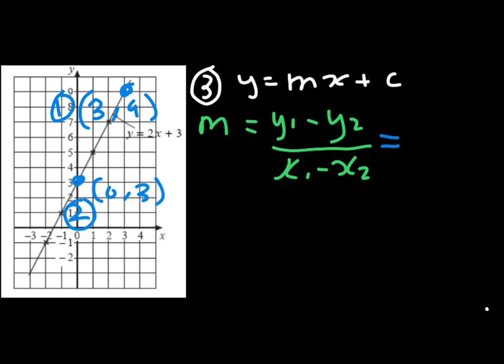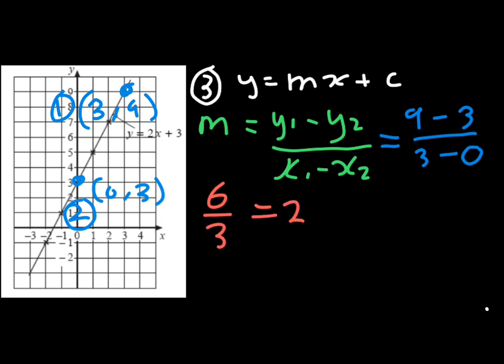Okay, so y1 would then be 9 minus y2, which is 3. This is over x1, which would be 3 minus 0. This would give us 6 over 3, and that equals 2. Therefore, we have just found our value for m, which was 2.